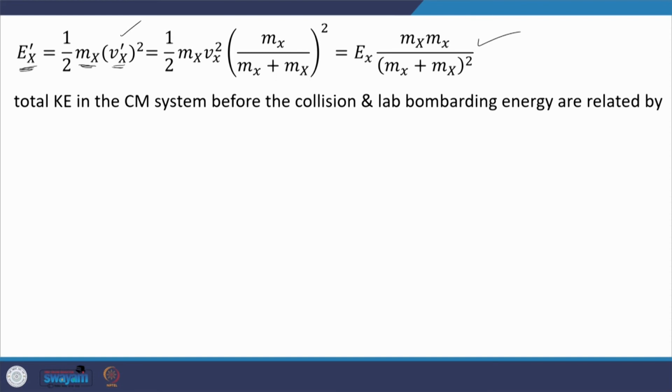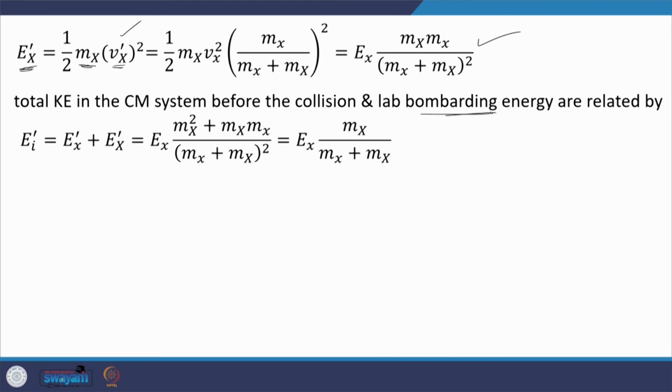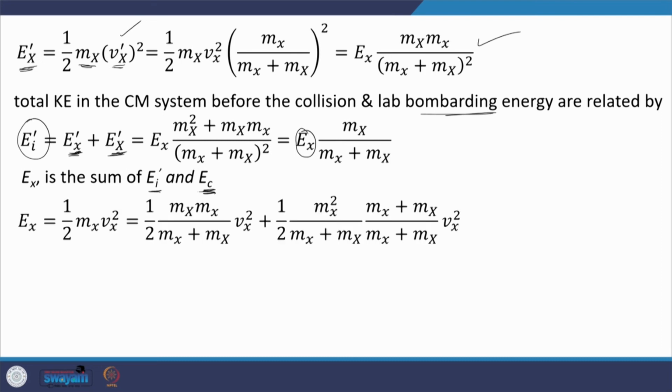All right. Now, what is the total kinetic energy before the collision in the center of mass frame, and how can it be linked with the lab bombarding energy? Very simple. Take Ex prime, the projectile energy in the CM frame, and the target nucleus kinetic energy in the CM frame. Together you get the total kinetic energy. Here Ex is the sum of Ei prime, the total kinetic energy in the CM system, and Ec, the total kinetic energy of the center of mass system.